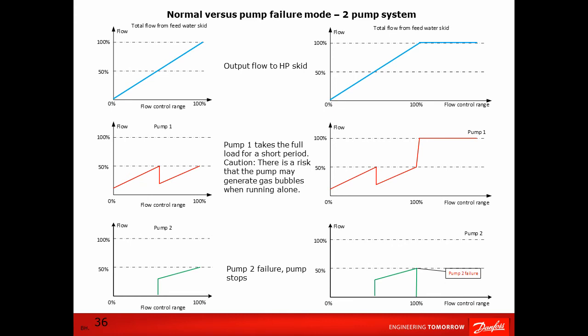It is obvious that the failing pump has to be replaced or repaired as soon as possible in order to avoid cavitation damage to the high-pressure pump. To avoid this risk, you should consider using a three-pump system to achieve maximum reliability. This solution is illustrated in the next couple of slides.